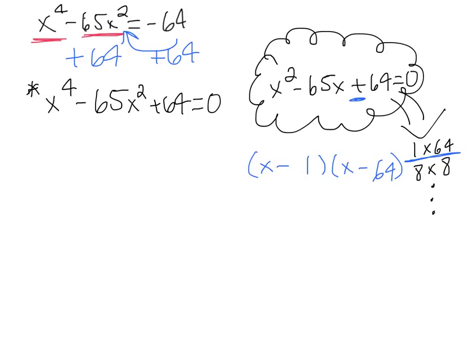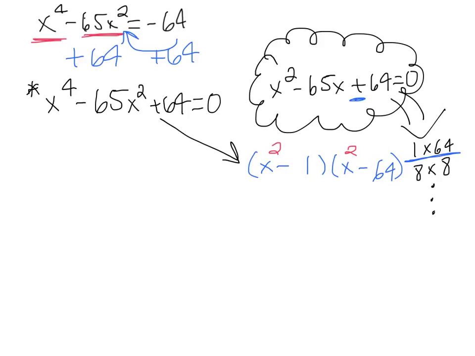So going back to my original equation, if I see those two binomials, what if I actually just add two exponents? It's x squared minus 1 and x squared minus 64. Well, watch what happens.